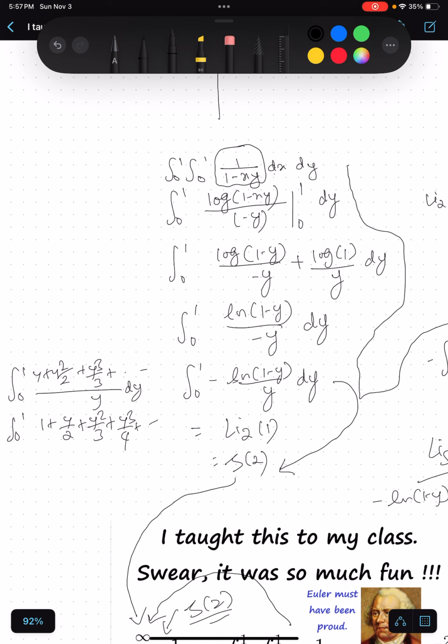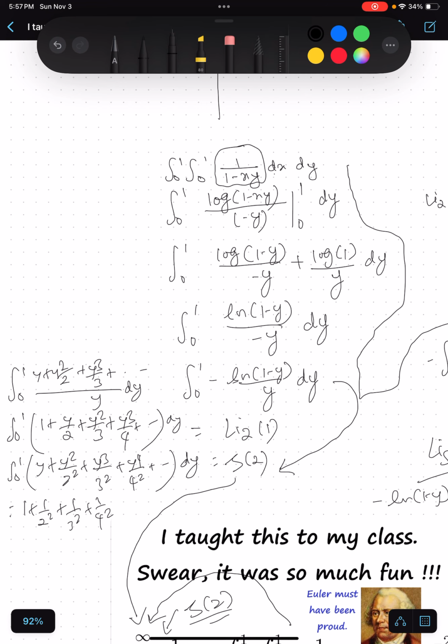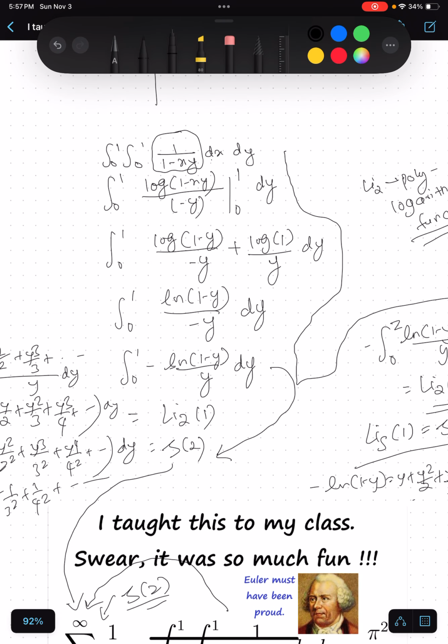Integrating this, we get y plus y square by 2 square plus y cube by 3 square plus y to the power 4 by 4 square. Evaluating the integral, this is 1 by 2 square, 1 by 3 square, 1 by 4 square, so you get the same sum, right? So you don't really need to know about the polylogarithm function; you can even just solve it by the series itself.